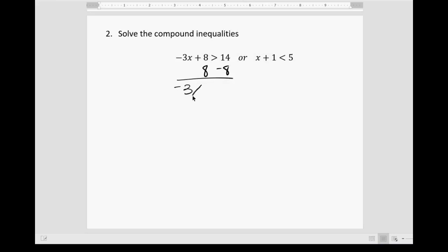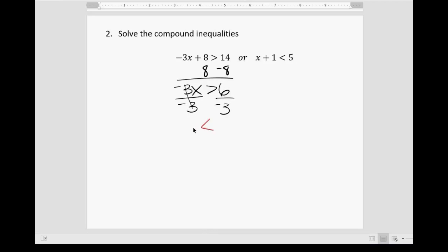So on the left, I have negative 3x is greater than 14 minus 8 is 6. And now I'm solving for x, so I'm going to divide by negative 3 on both sides. Now, it's super important to know that when you divide or multiply by a negative number, when you're solving an inequality, you have to flip the inequality sign.